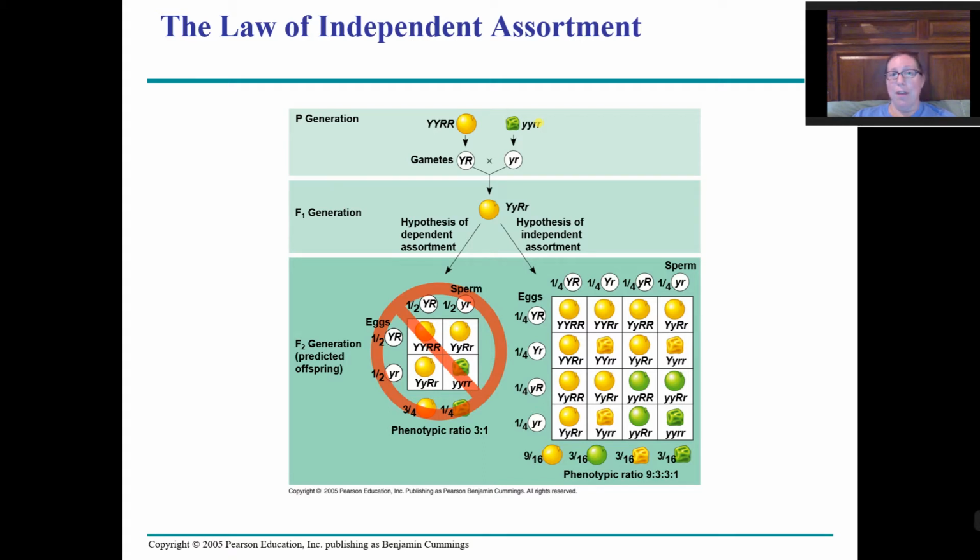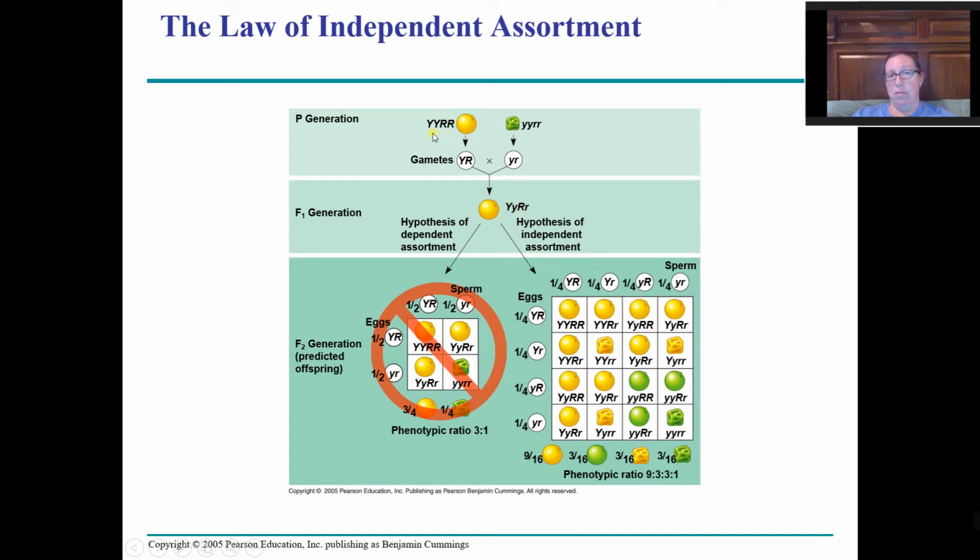So when he first crossed these together, the gametes could be either dominant or recessive. You put them together and you get big Y, big R, little r. So this is a dihybrid. Okay, monohybrid is 1, dihybrid is 2.